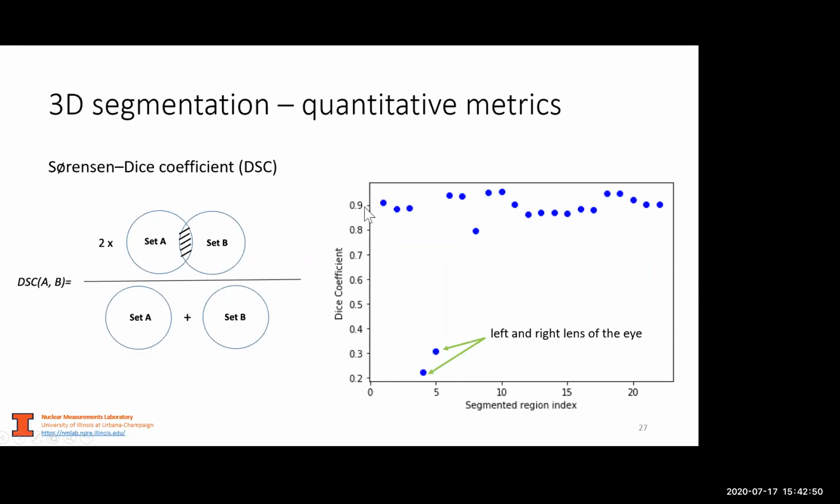Our Dice coefficient, as you can see, is very high, and a Dice coefficient higher than 0.8 is considered an excellent overlap, an excellent segmentation outcome. But not for two regions, which are the right and left lens of the eye.